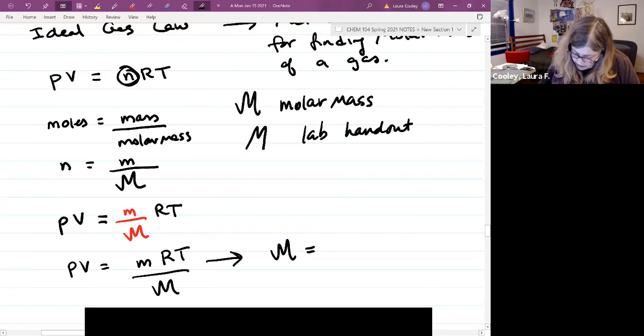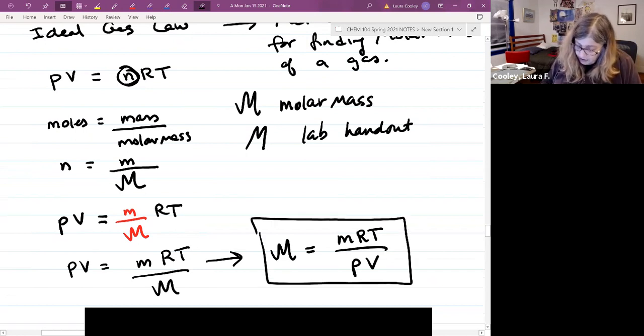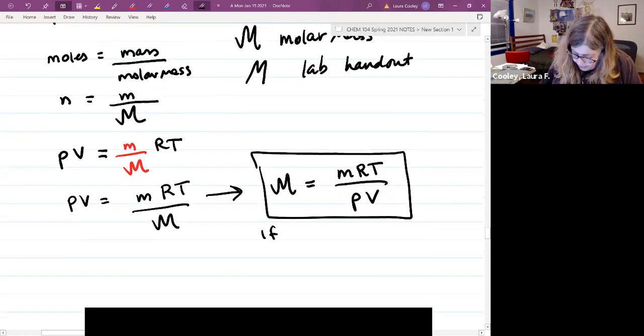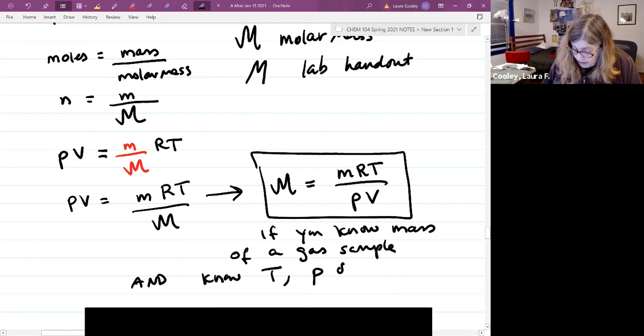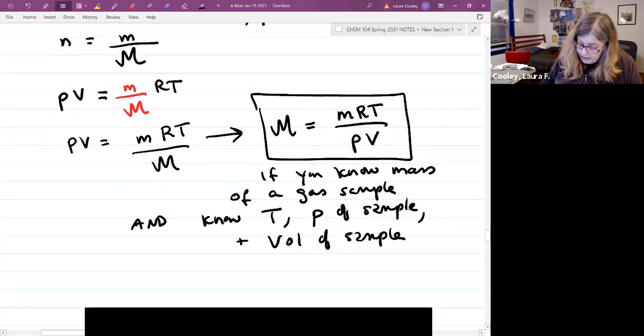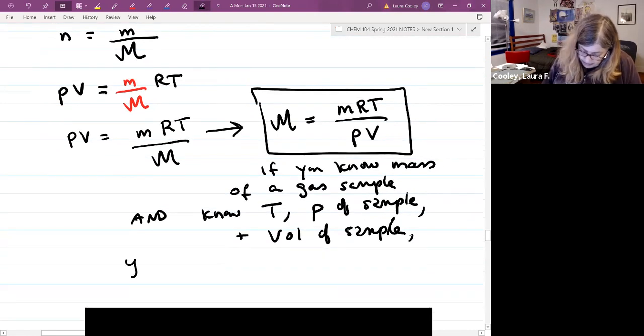The molar mass becomes equal to mRT over PV, which is really kind of cool, because what it means is if you know the mass of a gas sample, and you know the temperature, the pressure of the sample, and the volume of the sample, you can calculate the molar mass.